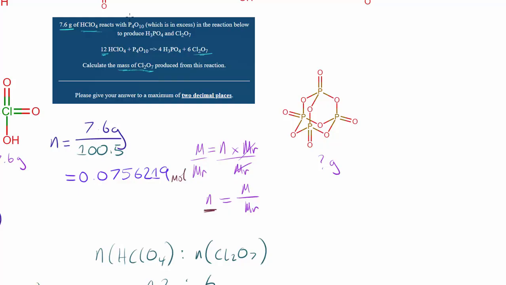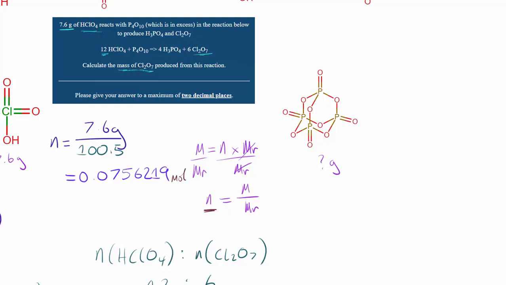Because of that, we can infer that the limiting reagent is the HClO₄. That was the basis on which I decided that if you run the calculations based on HClO₄, the limiting reagent, you can work out accurately the mass produced of Cl₂O₇, because the assumption is that all of that reacted, and it's that fixed amount which we were told.